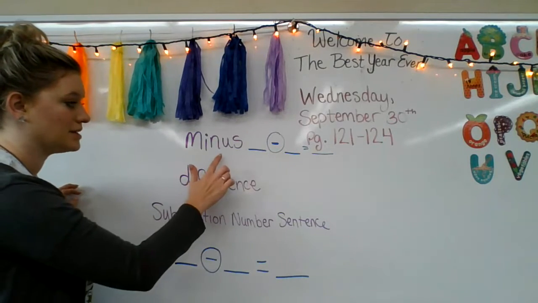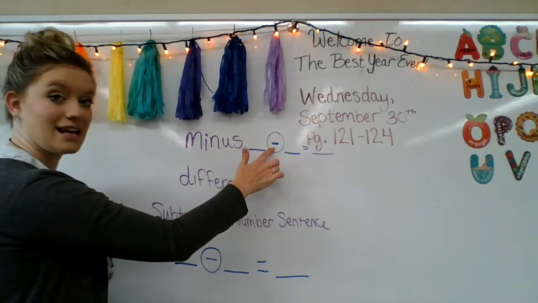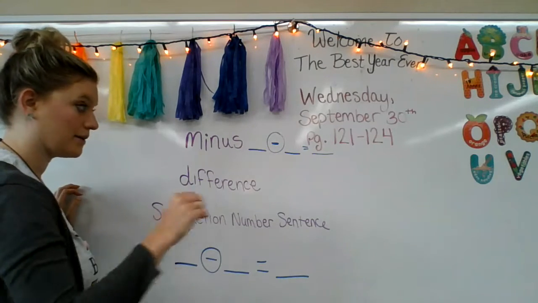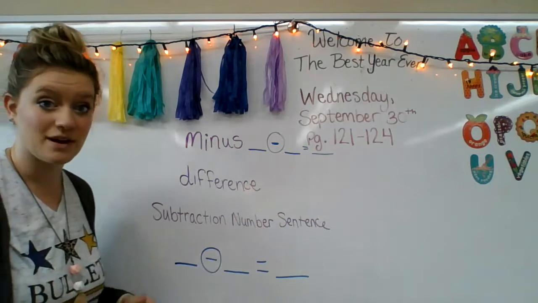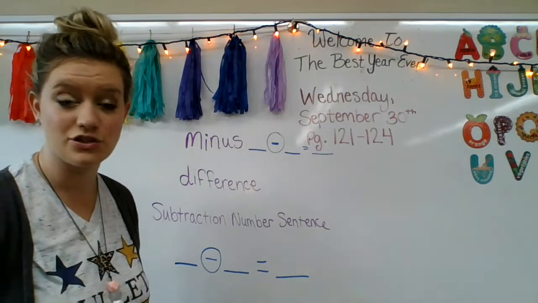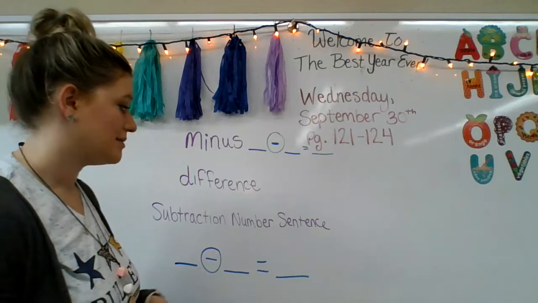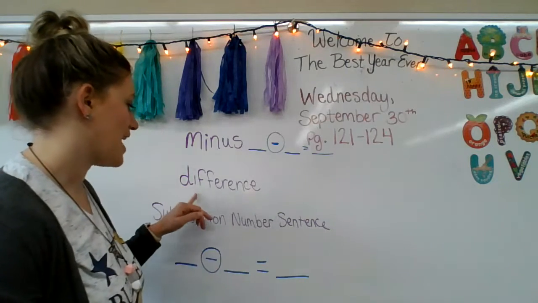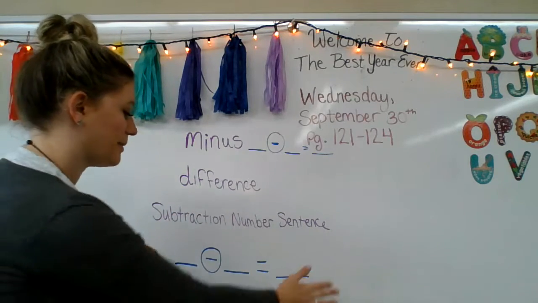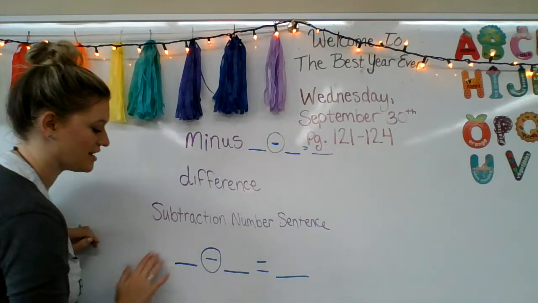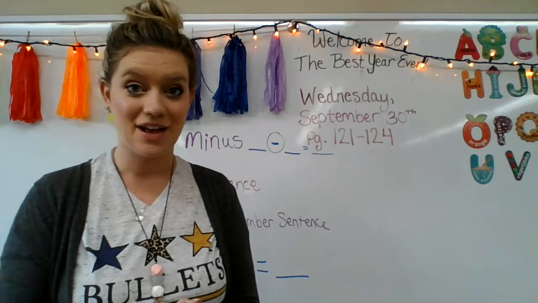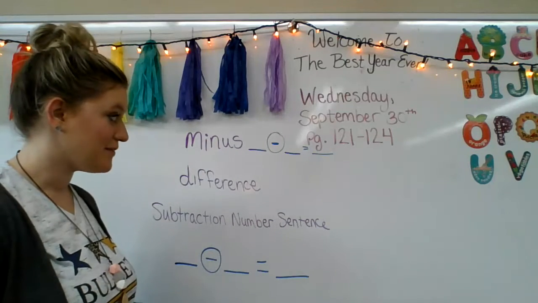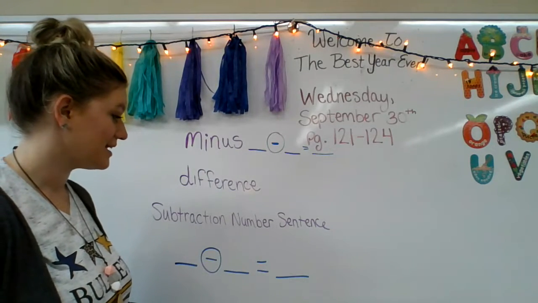Okay? So once again, the minus is that sign. It's the dash to show that we are going to subtract. The difference is the answer that we get only from a subtraction problem. An addition problem is still a sum. But when we take away for the subtraction problem, that gives us the difference. And when we have it all written out together, that is our subtraction number sentence. Sound good? You can pause me if you want to look at those words on the board real quick.